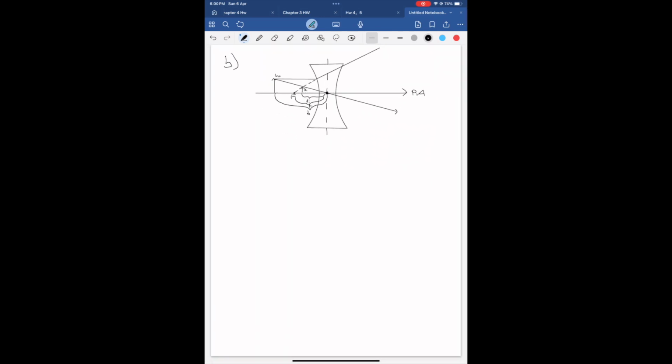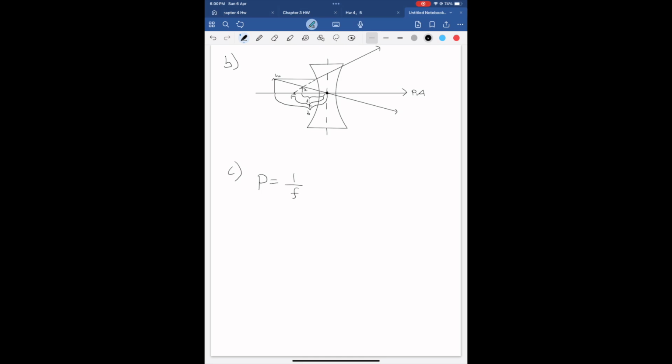Okay, now for part C, we need to find the power of the lens. The formula for power is simply 1 over the focal length.